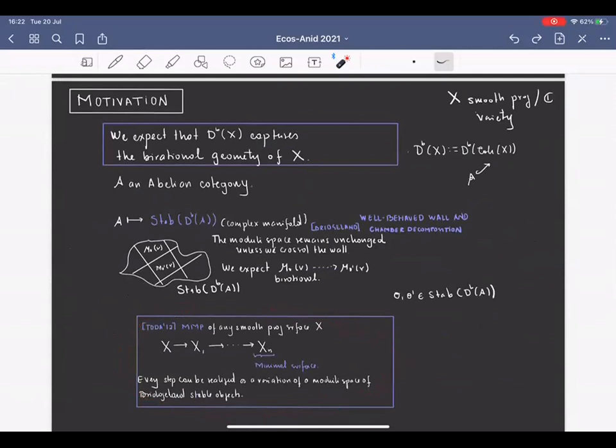In our case, we expect the wall crossing to be very well described for alpha stability. We would like to see if alpha stability is just one of the parameters in our stability manifold, so we would like to see if there is further wall crossing, if our wall crossing adds something to the picture, and that would be interesting.